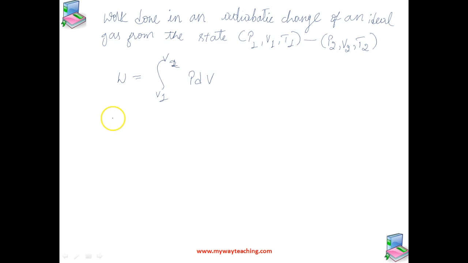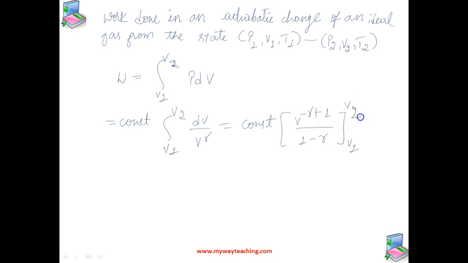So substituting, if you integrate this, we get minus gamma plus 1 by 1 minus gamma from V1 to V2, where P V^gamma is equal to constant.